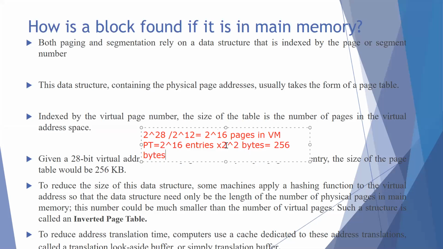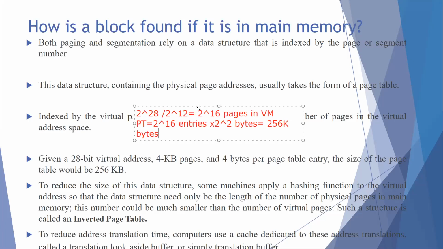Now see, this becomes quite large. 256 kilobytes is a big size. Many times we take that much even as cache. We don't want such a big table size.